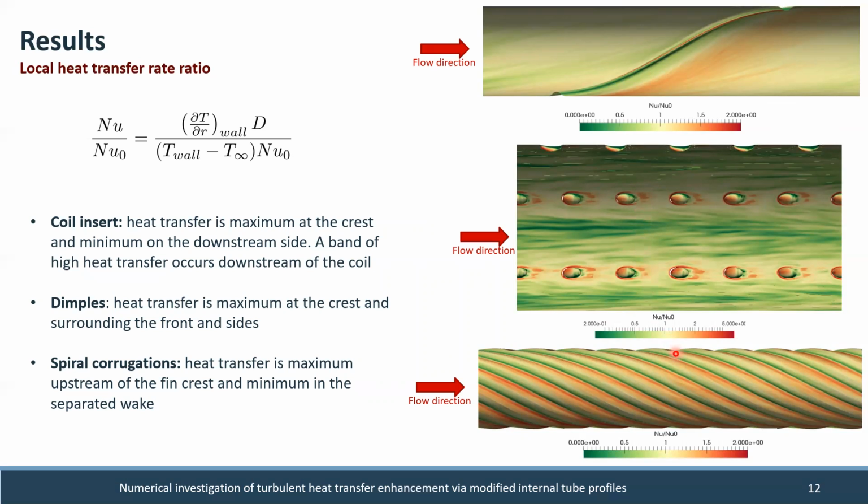And for the spirally corrugated tube, we have a high heat transfer rate upstream of the fins, as you can see here, these red stripes, and it's minimum downstream of the fins where we have separated flow. You can see it by the color green.